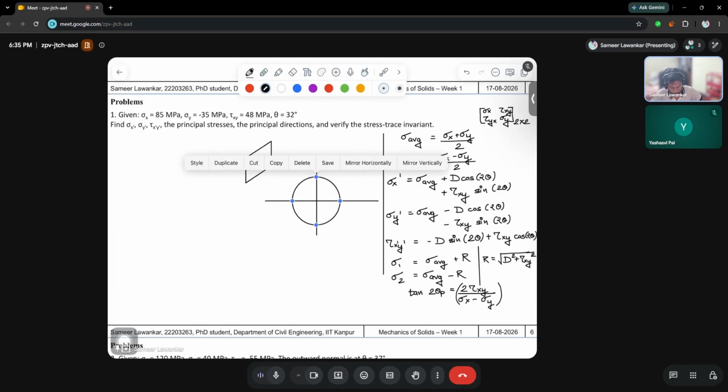Okay, so if you try to understand from that, you can see that sigma 1 is residing here and sigma 2 is residing here. So sigma x plus sigma y by 2 is actually one value of stress. That is the only meaning which sigma average can have here. I hope this thing is clear now.